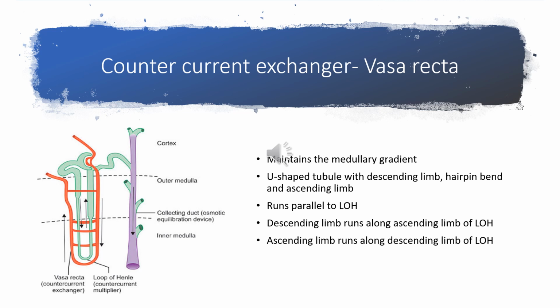This vasa recta runs parallel to the loop of Henle, and the direction of movement of fluid in the vasa recta is opposite to the movement of fluid in the loop of Henle. The descending limb of this vasa recta runs along the ascending limb of loop of Henle, and the ascending limb of vasa recta runs along the descending limb of loop of Henle.